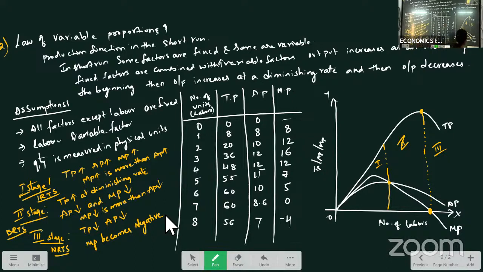As we take more and more labor, the additional output is nothing but marginal product. Our additional output increases in the beginning, but then decreases and becomes negative. So this is what we explain in our law of variable proportion. Hope you understood this one. Just in brief, I'm explaining. You can go through it in detail in our previous videos.